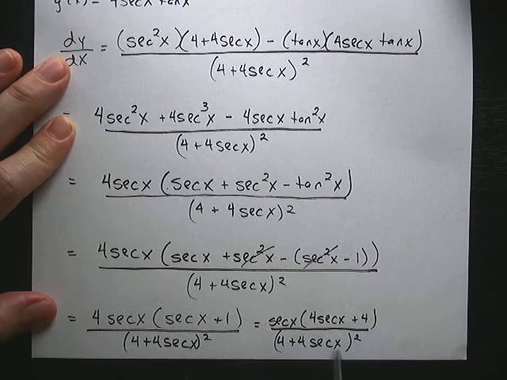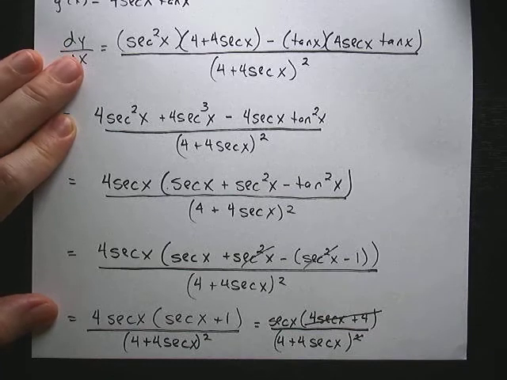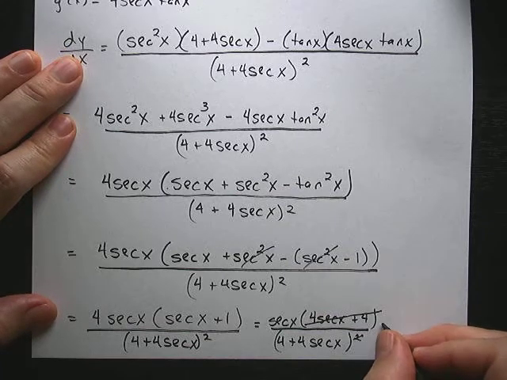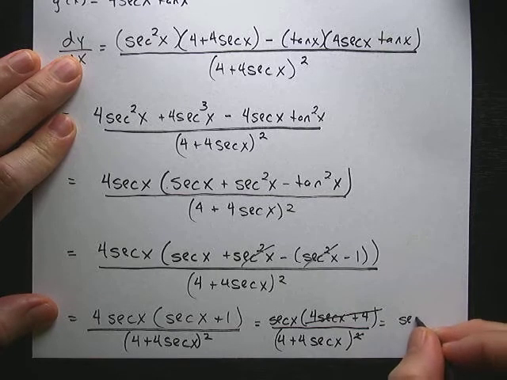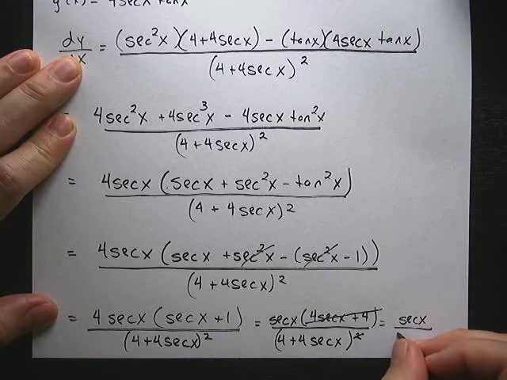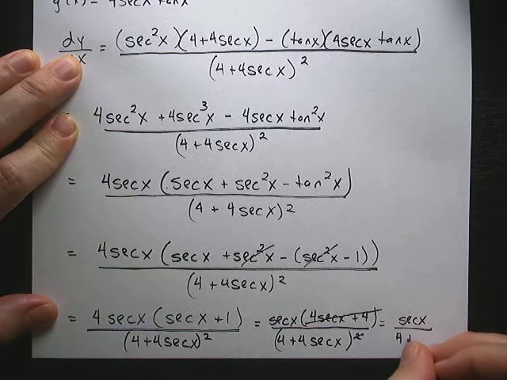Now the bottom one is getting squared, but we can reduce one of them, so this reduces with one of these, leaving a power of 1, so I don't need to write it. That looks like it for this problem. Once we reduce that, it's as simple as we can get it. So it becomes secant x over 4 plus 4 secant x.